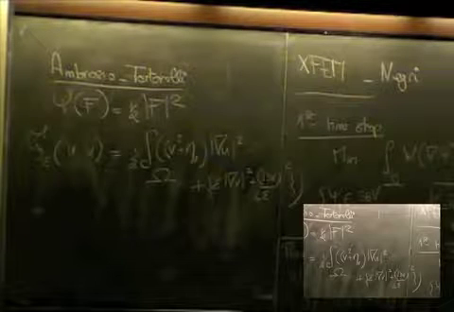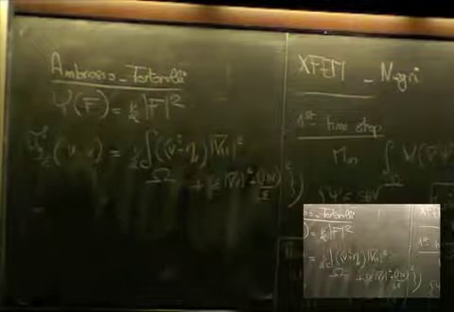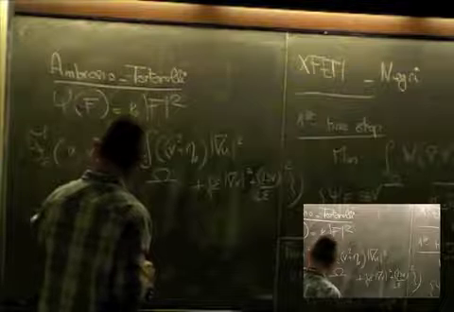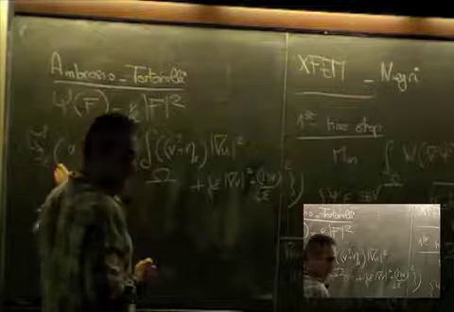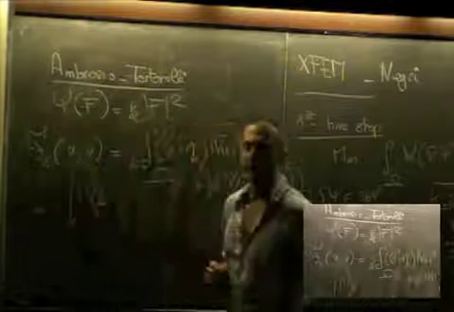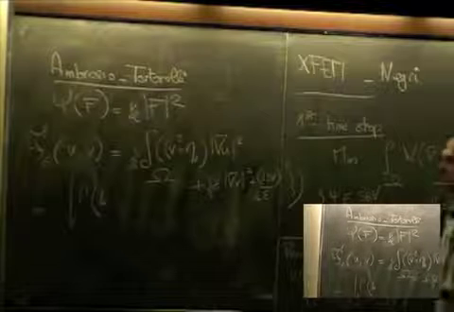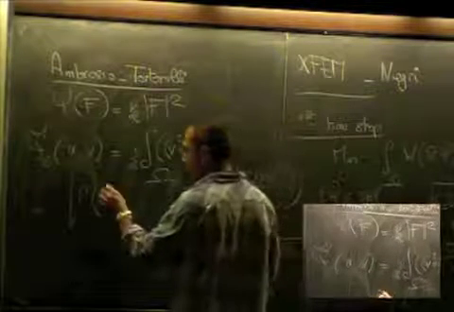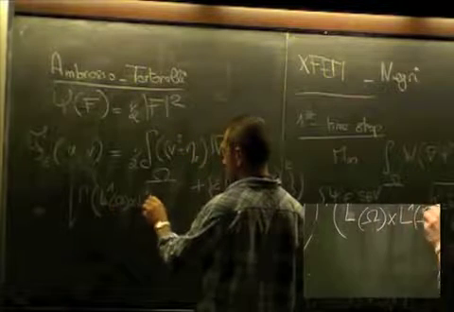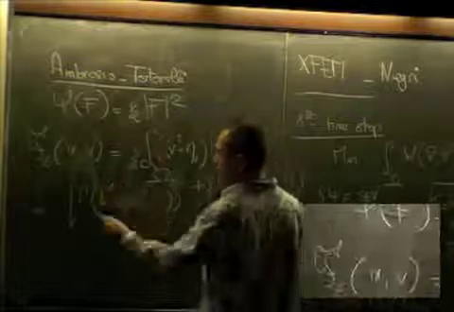So this is a two-field functional. Gamma converges. So you have two fields, and for each of the fields there's a topology, so it has to be on a product space. We'll put it in L1 cross L1 of omega, or L2, it doesn't matter.